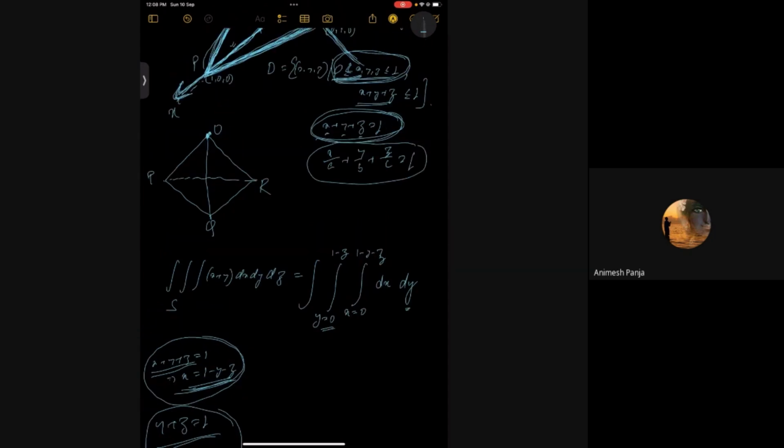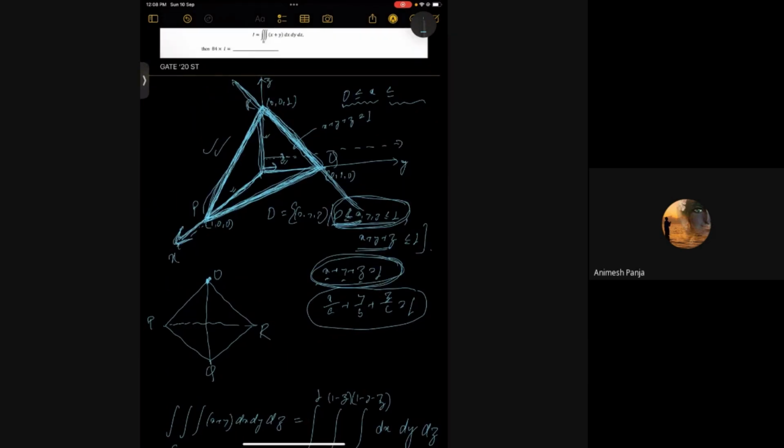And for dz, z goes from 0 to 1, because z equal to 0 means the xy plane, and z equal to 1 means the plane parallel to the xy plane.